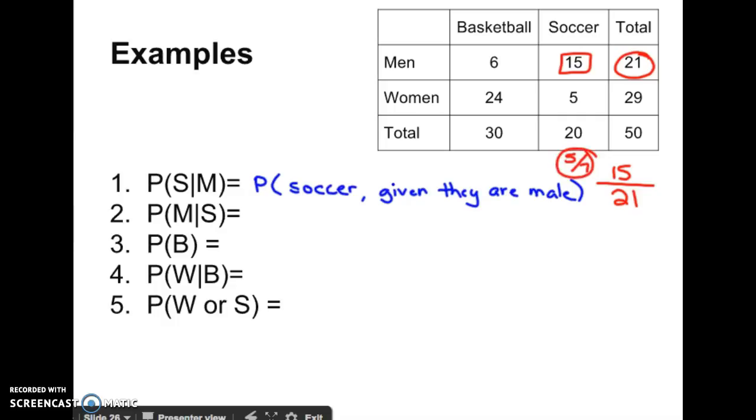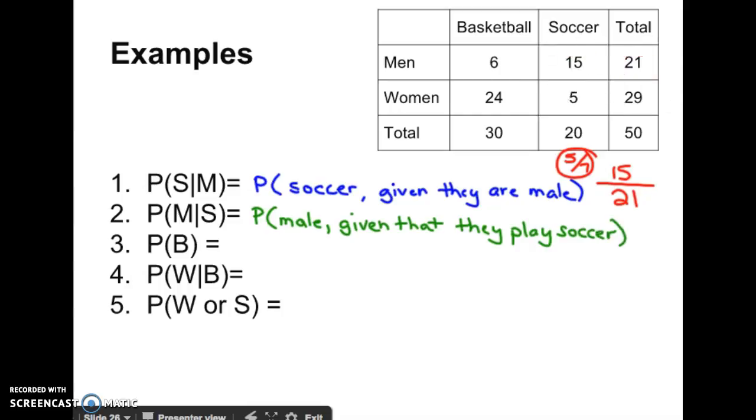Okay, number 2 up here, again, if I write it out, that's the probability that somebody is a male given that they play soccer. Okay, so you already know that. So again, on this problem, it's already eliminating part of the group.